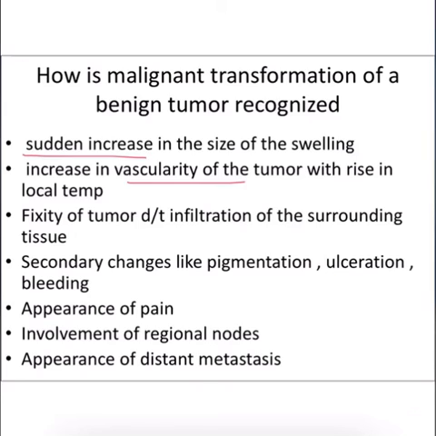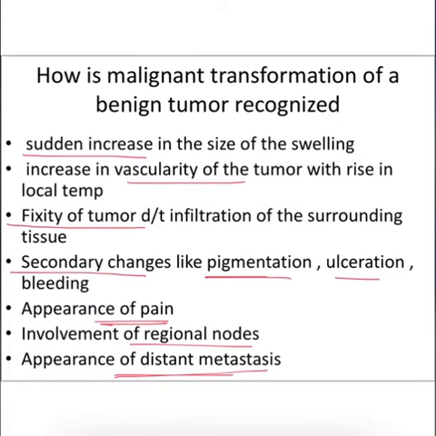Fixity of the tumor: first the tumor was freely mobile, now it gets fixed in the surrounding tissue. Secondary changes like pigmentation occur, skin ulceration, bleeding occurs. Appearance of pain: you see benigns are painless. Appearance of pain suggests conversion of the benign tumor to malignant, involvement of the regional lymph nodes, and appearance of distant metastasis.